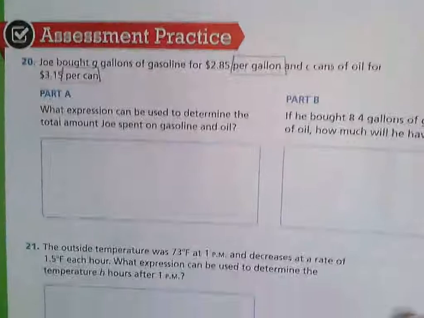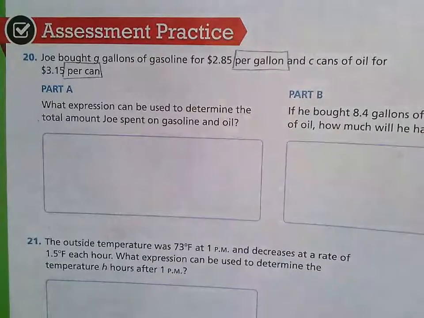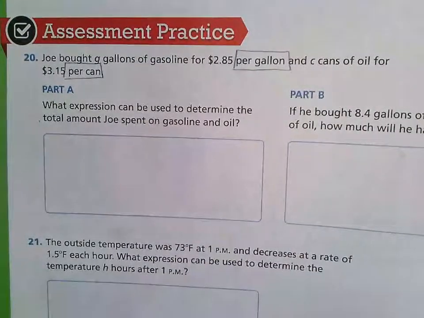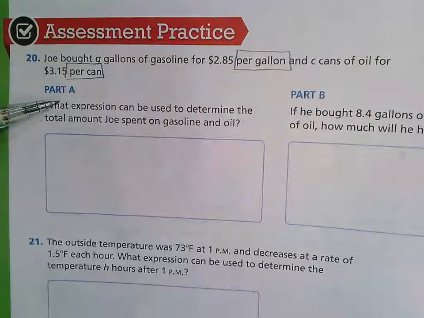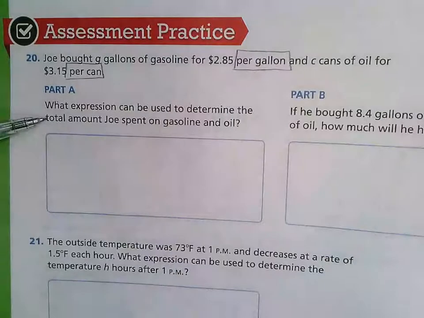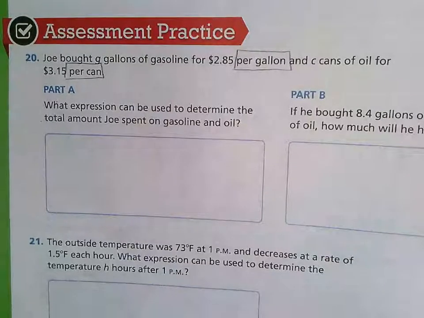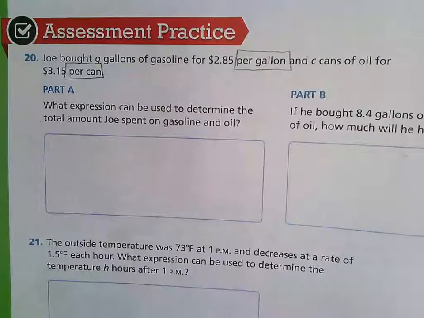Number 20. Joe bought G gallons of gasoline for $2.85 per gallon and C cans of oil for $3.15 per can. Part A. What expression can be used to determine the total amount Joe spent on gasoline and oil?